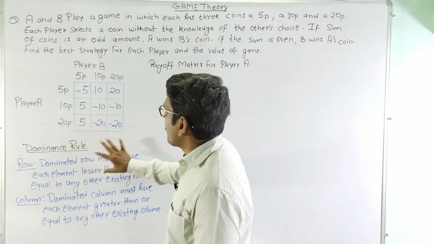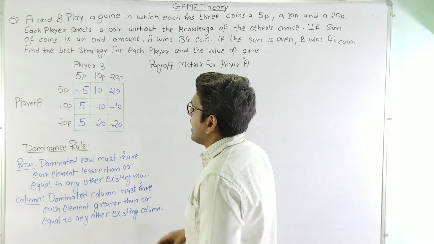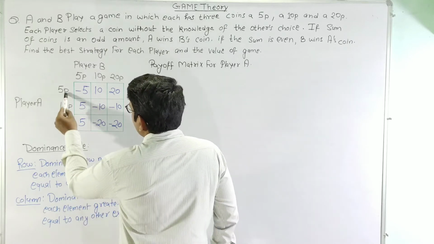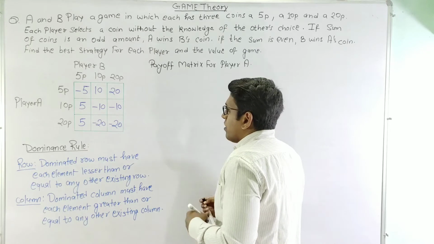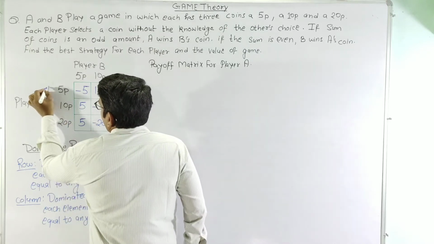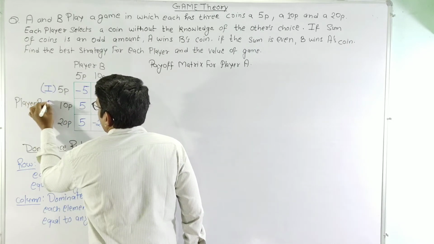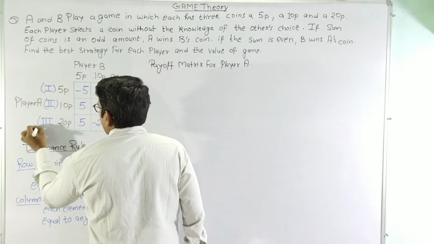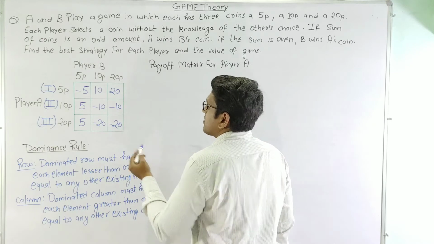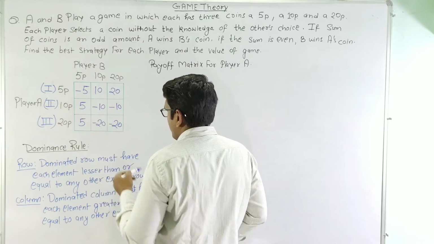In this particular payoff matrix, we can see that there are 3 rows. So let us first compare rows. I will say player A has 3 strategies: strategy 1, strategy 2 and strategy 3. Now let us compare strategy 1 with strategy 2.